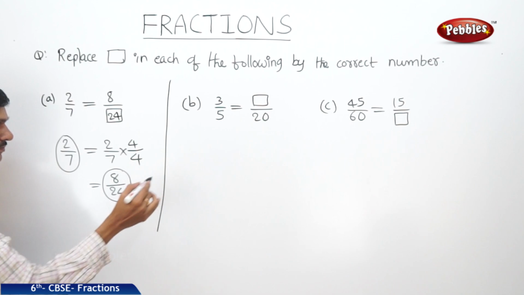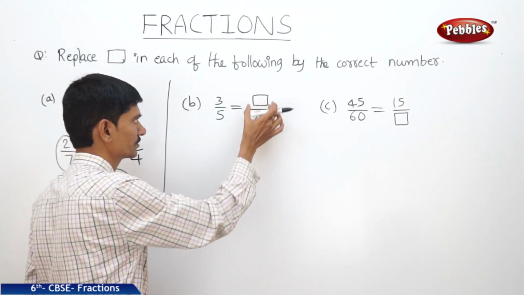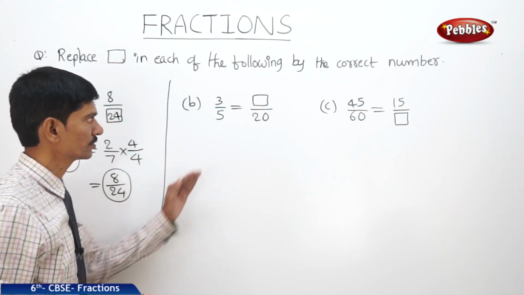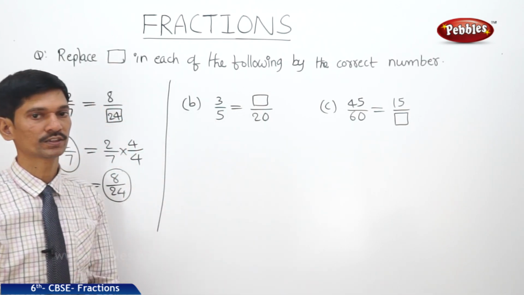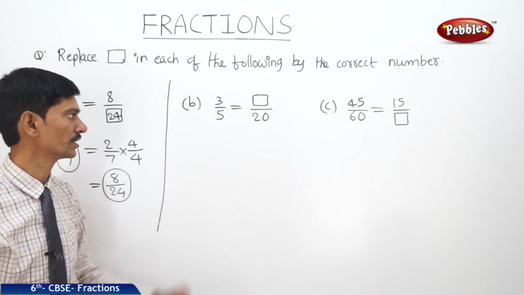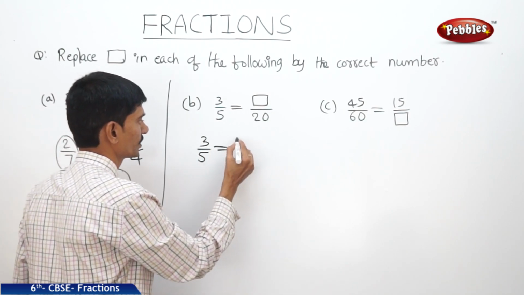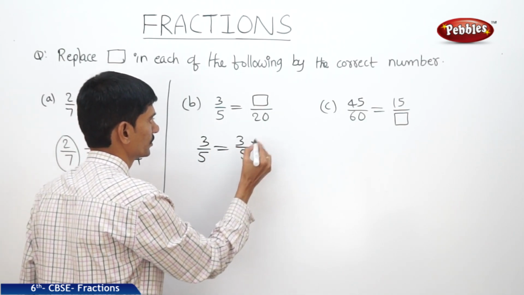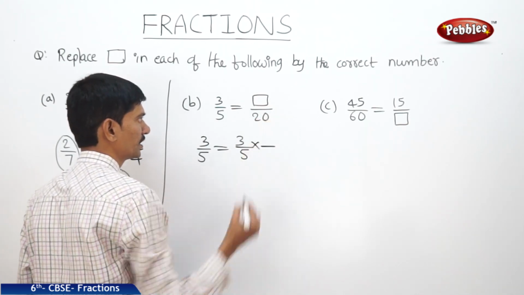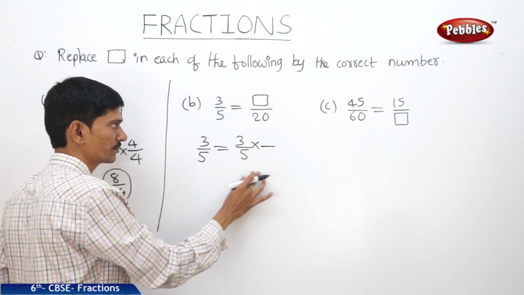Now the next question, 3 by 5 equals dash by 20. So here also these two fractions are equivalent. So you have to find the numerator when the denominator is 20. Now 3 by 5 into, in this the denominator is given, so consider the denominator 5. 5 how many times make 20?